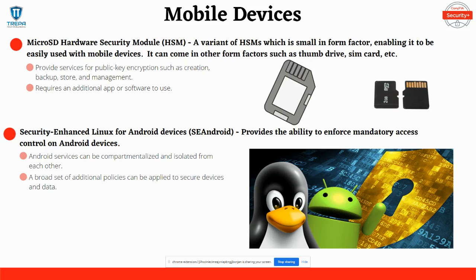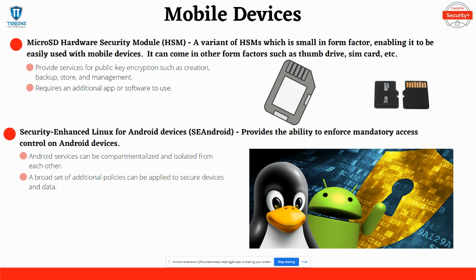Then we also have a very important function for Android devices called SE Linux or SE Android, which provide the ability to enforce mandatory access control on mobile devices. With SE Android or SE Linux being enforced, you can implement policies on any Android mobile device, which you cannot just do with a standard Android phone.